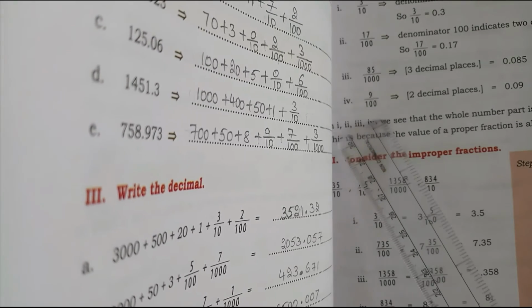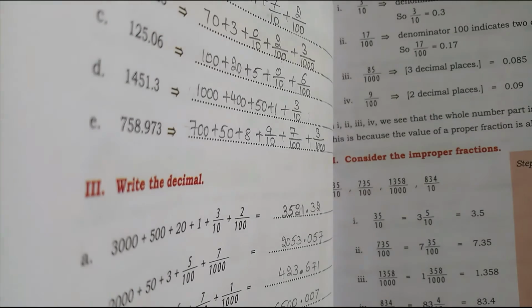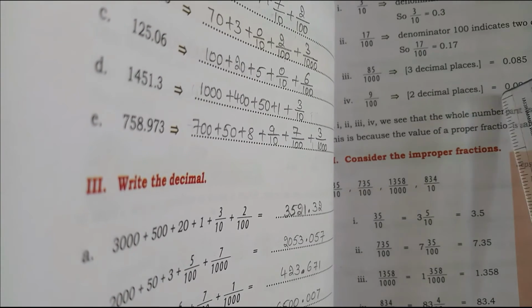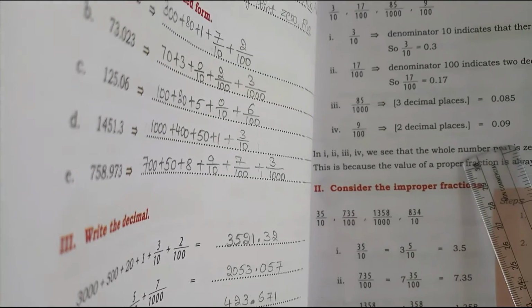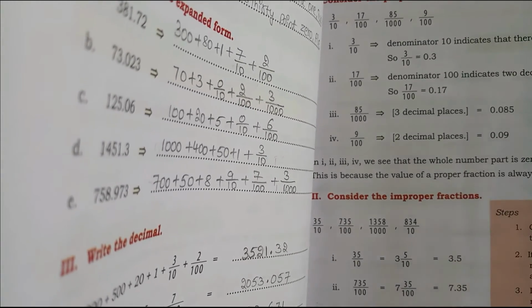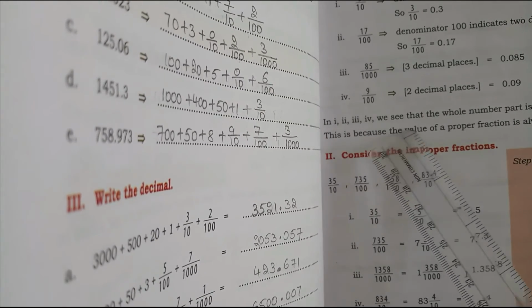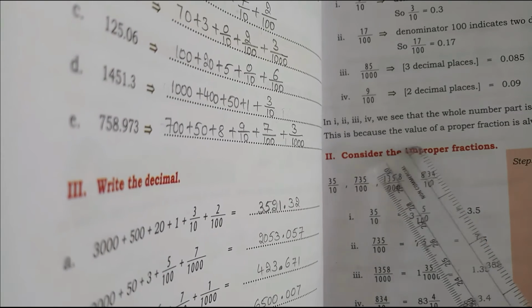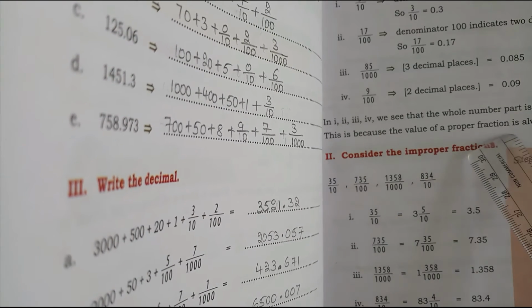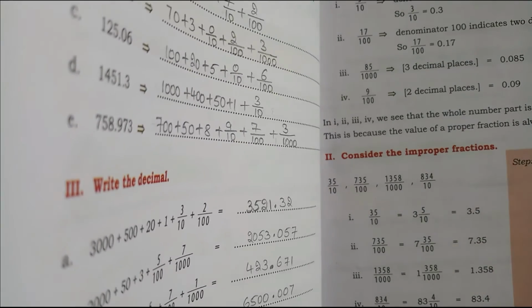If we divide 9 by 100, what does the answer come to? 0.09. From right to left, count two numbers and put the decimal. Then it comes as 0.09. Now see here, in questions 1, 2, 3, 4, we see that the whole number part is 0. This is because the value of a proper fraction is always less than 1 whole.